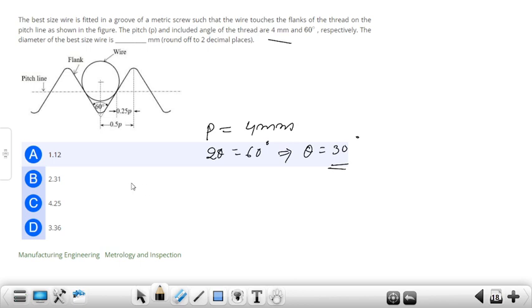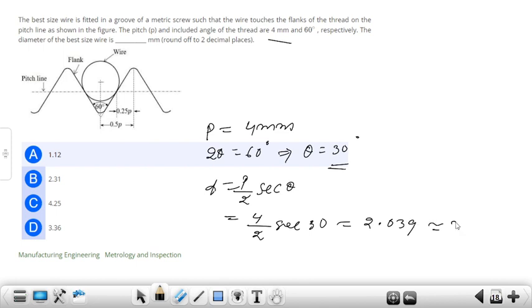So diameter of best size wire is equal to P by 2 sec theta. So pitch is 4 divided by 2 and sec 30. Calculating this, we get 2.039, which is equal to 2.031 mm. Option B is the correct answer.